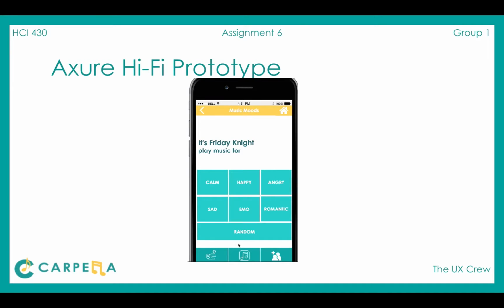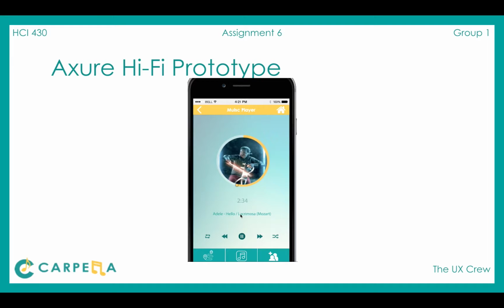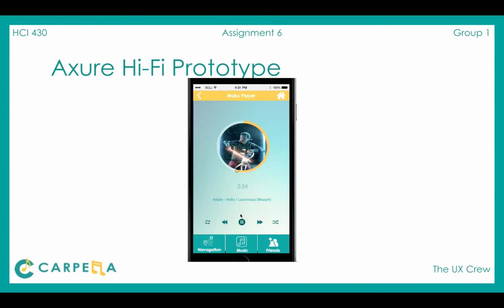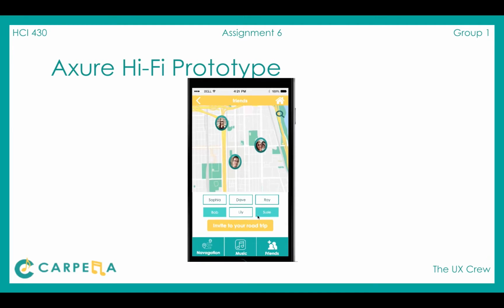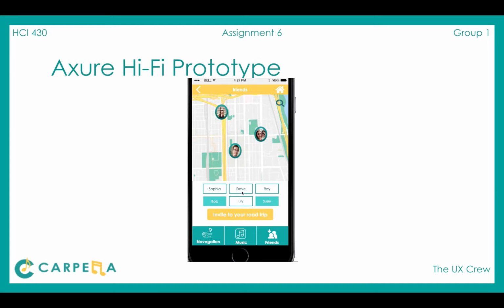While they're driving, they may want to listen to some music. So they'll click there and see that there are buttons for which kind of mood they're in. Very big ones just so it's easier to click on them. And as you can see, Adele, Hello, very calming. And then they may want to add friends. So they'll see that their friends pop up. They'll click on one of the buttons below and then invite the friend to the road trip.